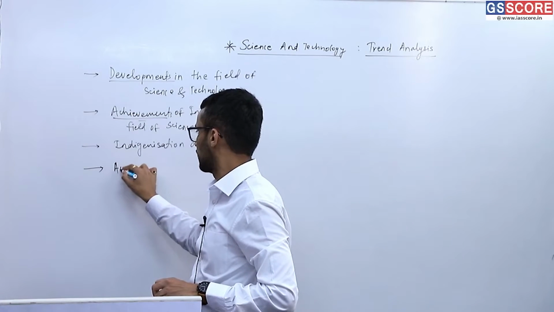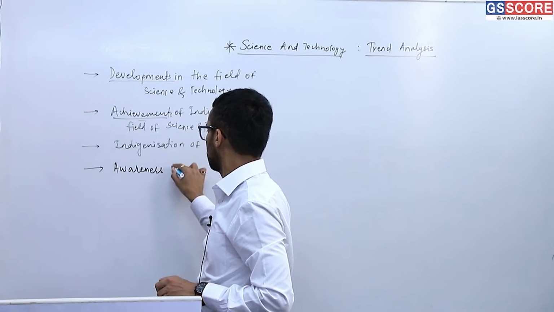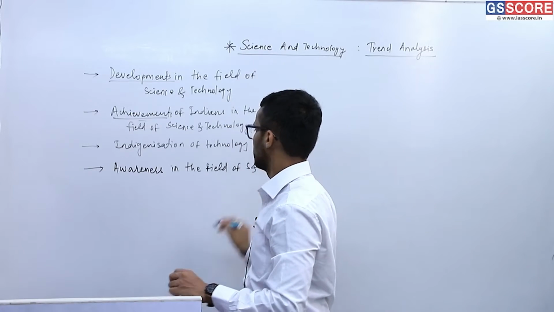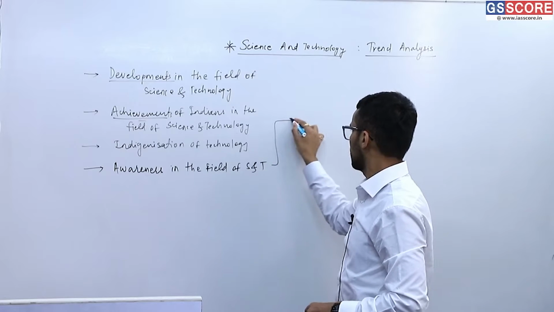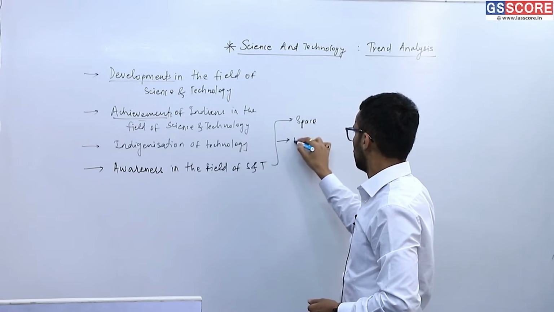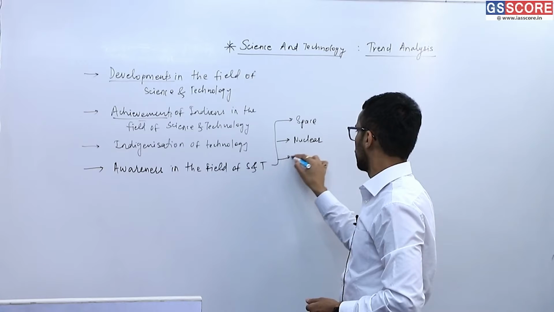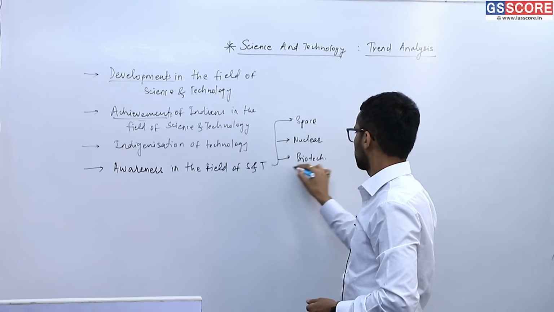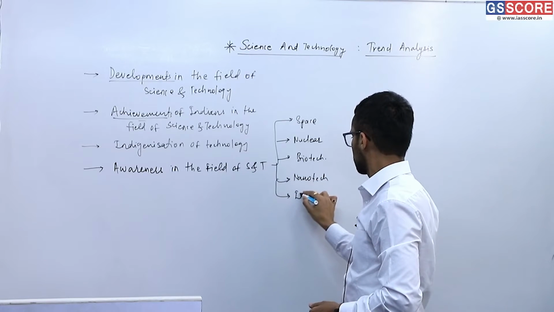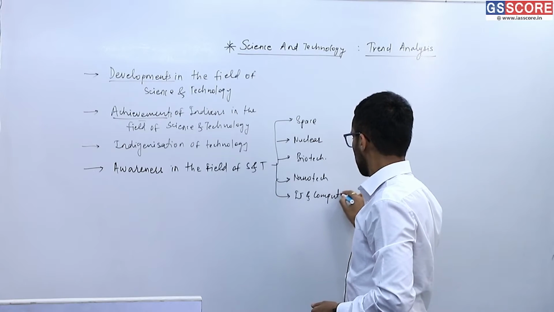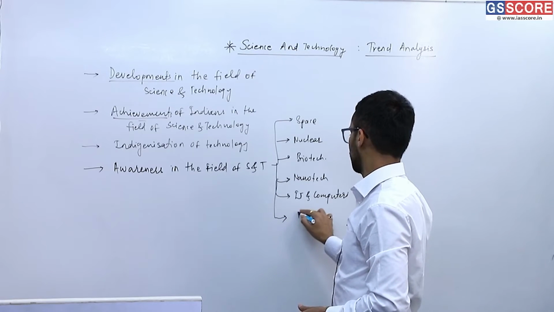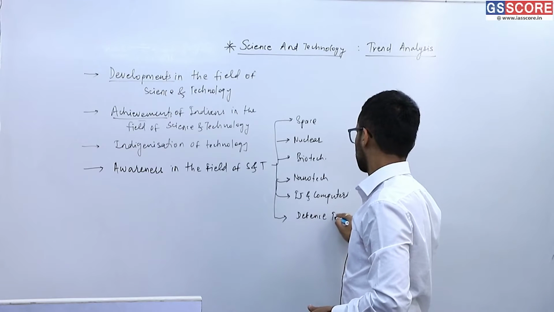That means awareness in the field of science and technology, wherein we are supposed to know about technologies like space, nuclear, biotechnology, then nanotechnology, then IT and computers, then defense technology, right?